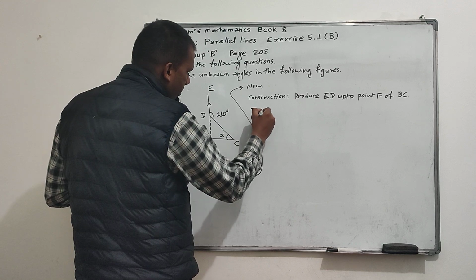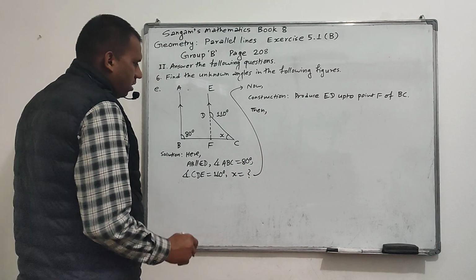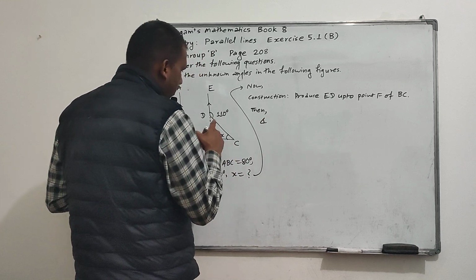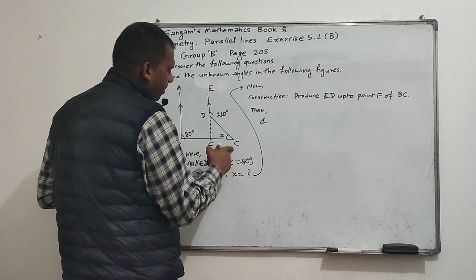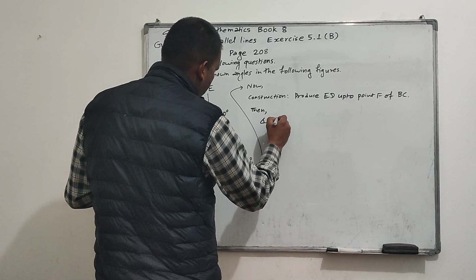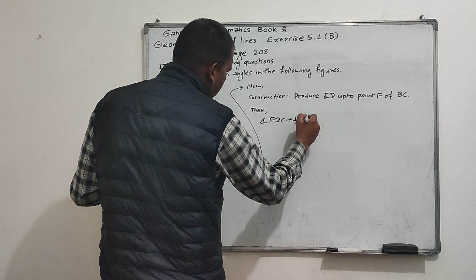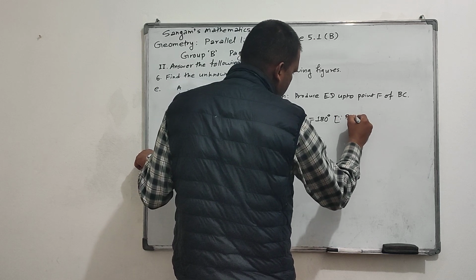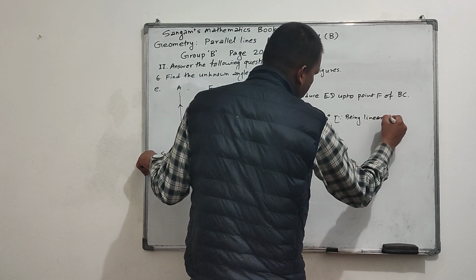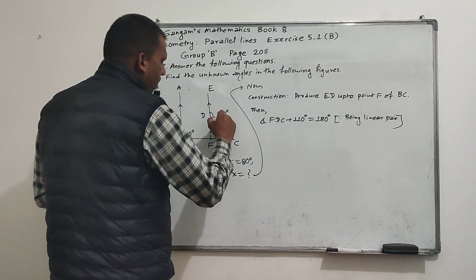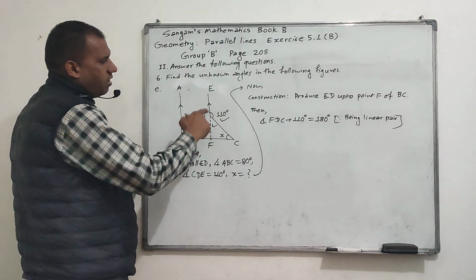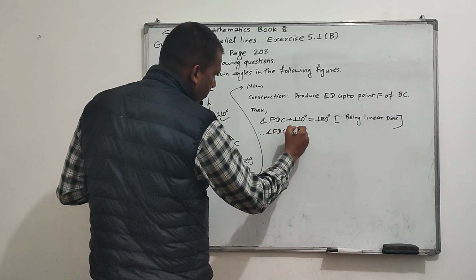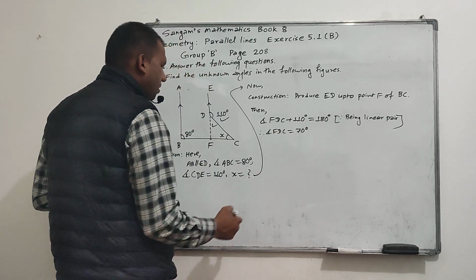Then angle 110 and FDC are a linear pair. So we can write angle FDC plus 110 equal to 180 degree, because being linear pair. Therefore, angle FDC equal to 180 minus 110, 70 degree.